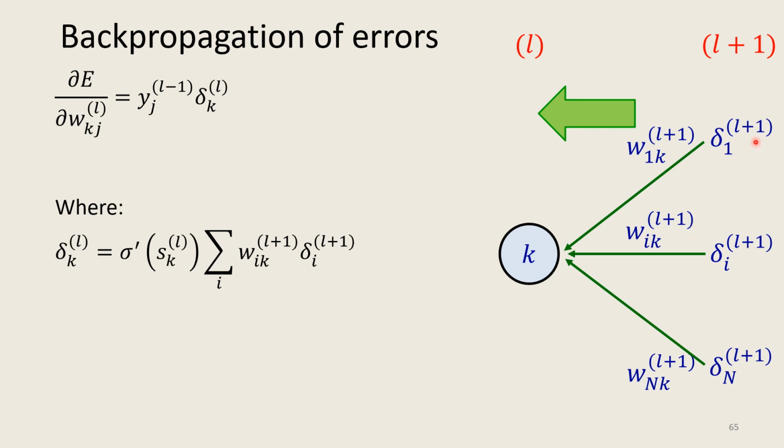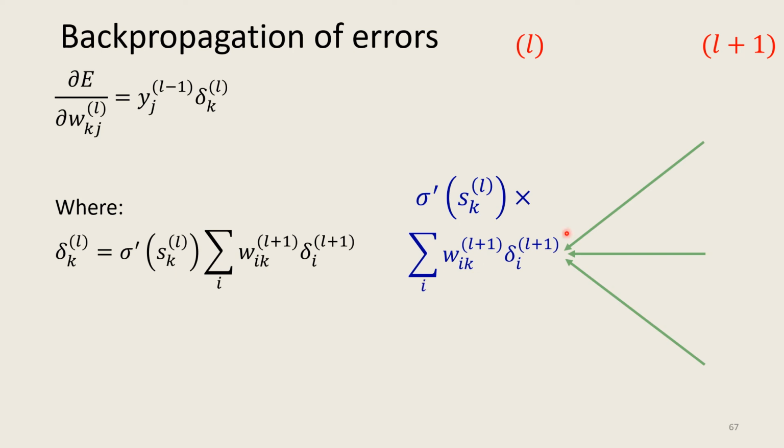So in the first step, we are assuming we have the deltas of the next layer neurons. We multiply them with these weights, and then we take the weighted sum of these deltas of the next layer neurons, and then we multiply that with sigma prime of the neuron in this layer, and that gives us this delta KL.